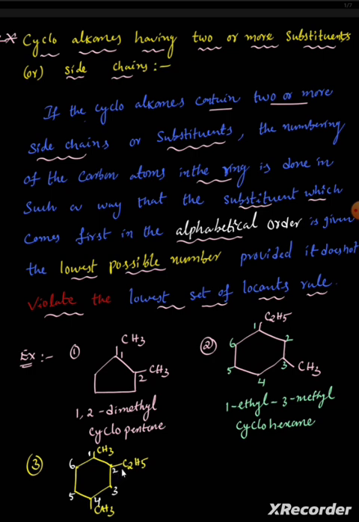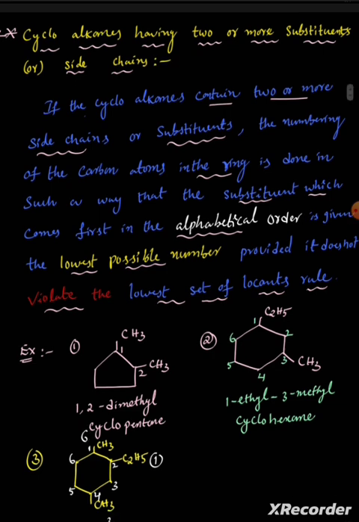Suppose we are giving numbering from here: this is 1, 2, 3, 4, 5, 6. 1, 3, 6 comes as 10, while 1, 2, 4 sum is 7. Suppose we give preference to ethyl as the first one: 1, 3, 6, the sum value is 10.